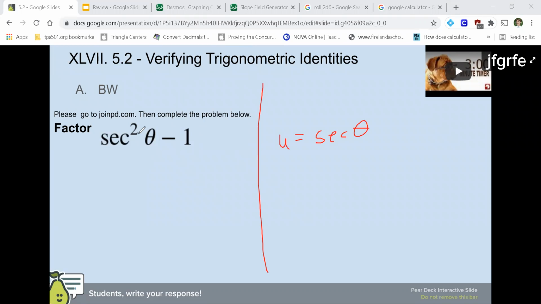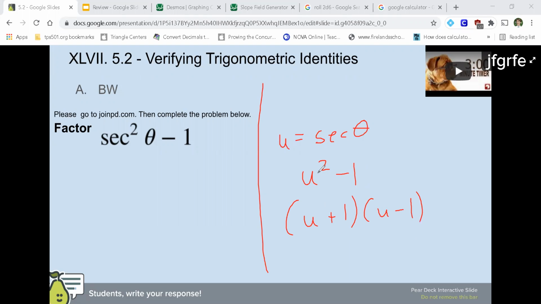In which case this problem could be written as U squared minus 1. It might be easier to see how that factors in this form because you'll notice that this is a perfect square, and 1 is also a perfect square. Square root of 1 is 1. So this is just a difference of squares, which factors into U plus 1 and U minus 1. And you can check your work really quickly.